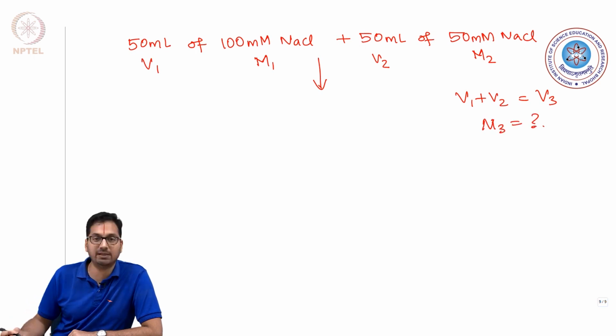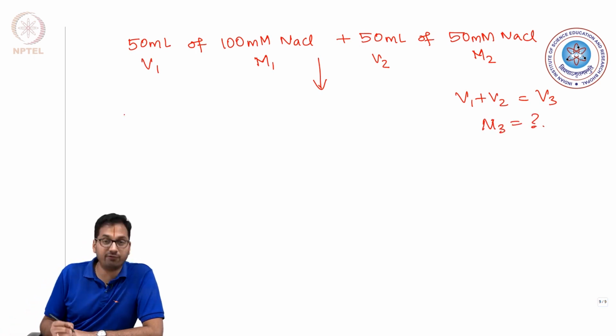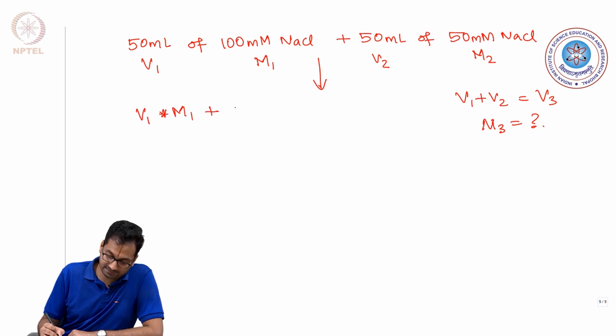So in this equation, if you once again relate the concentrations before and after the process, you are going to have V1 times M1 plus V2 times M2 equal to V3 times M3. And let us quickly do this.